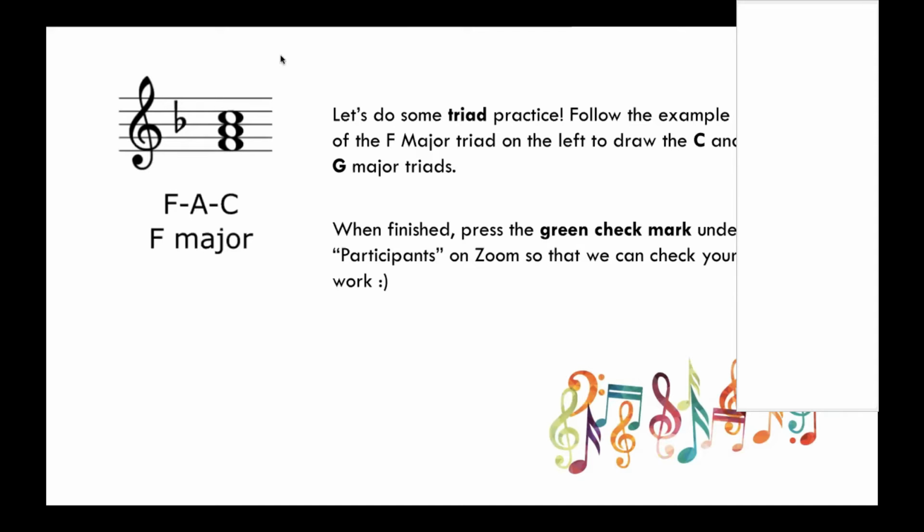Follow the example of this F major triad to draw the C and G major triads. As you can see here, they just wrote the triad down, listed all the notes, and then said which major key it belongs to. And when you're finished, just press the green check mark under participants. If you can't find that, then just type done in the chat. And then we'll move on when everyone's done.